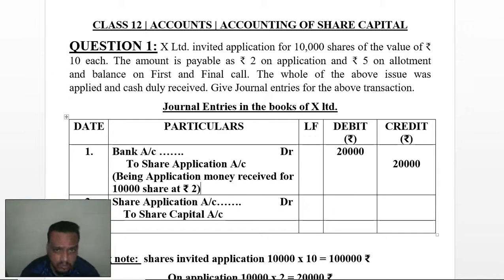This "being" is compulsory because it is a short summary where you can say how the transaction has been done. So being is compulsory; you have to mention being everywhere. So this is the first thing: being application money received for 10,000 shares at rupees 2. तो अब अगर आप इसको कैलकुलेट भी करोगे तो आपका अमाउंट बराबर आ जाएगा.